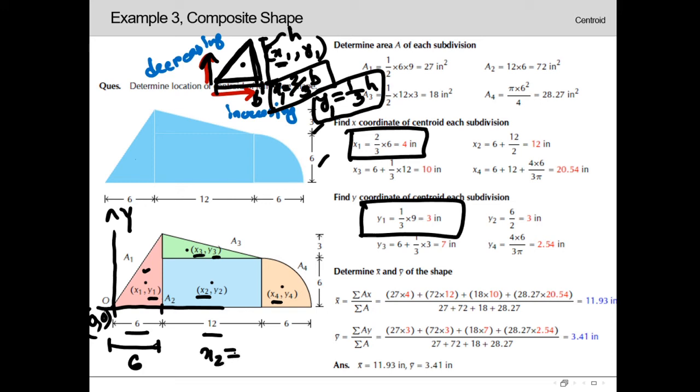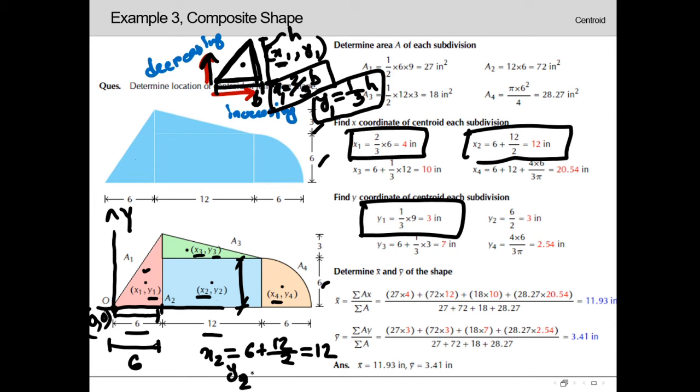Starting from 0, 0, firstly we need to move along the x-axis, that means 6 plus half of 12, which is 12. So the value of x2 will be 12, and the value of y2 will be half of the total height of this rectangle, which is given as 6. So half of 6 is 3. So y2 will be 3.